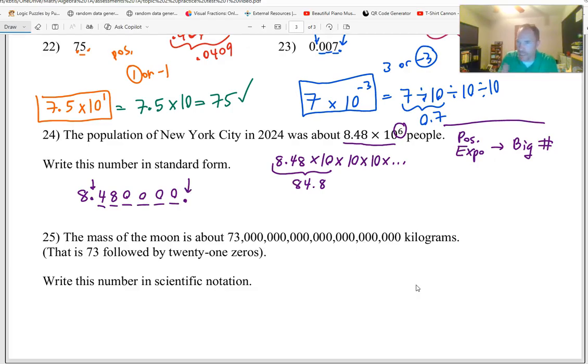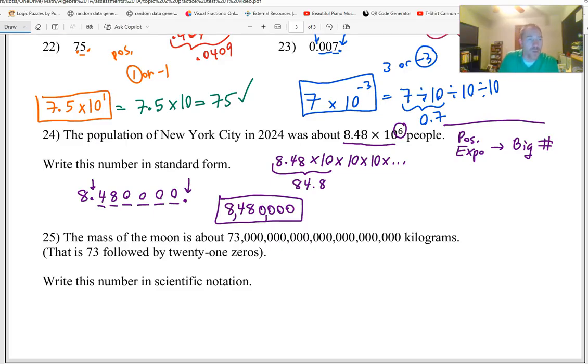So again, make it nice for whoever's looking at your work, like your teacher, and rewrite it without those underlines or the waves or whatever. We got an 848 followed by 4 zeros. 1, 2, 3, 4. And there's our number in standard form. If you wanted to put the commas in, that's 8,480,000. That's what that number is.